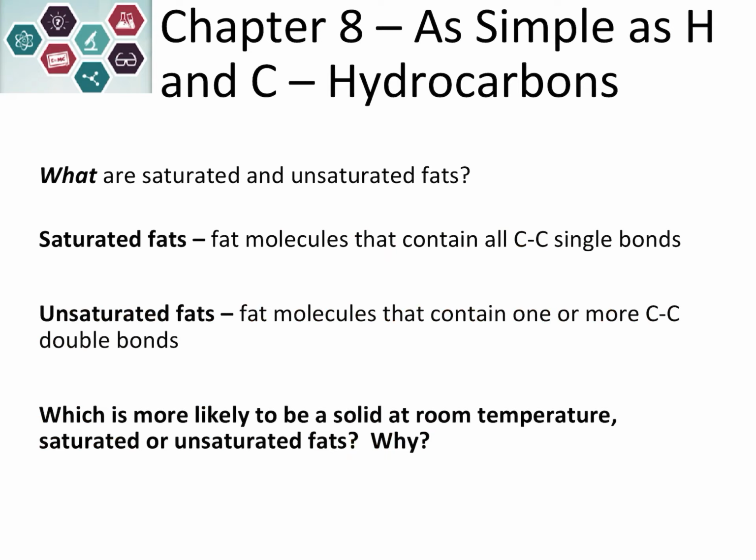The other piece with the double bonds is some discussion on saturated versus unsaturated fats and oils. So saturated fats contain all carbon-carbon single bonds, so we can think of these as alkanes. Unsaturated have double bonds in them, so these are alkenes.